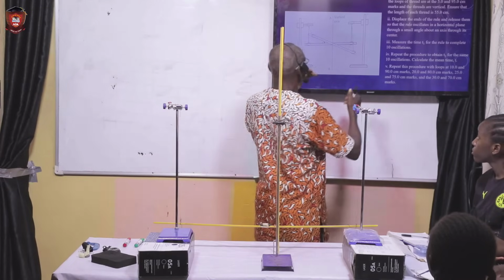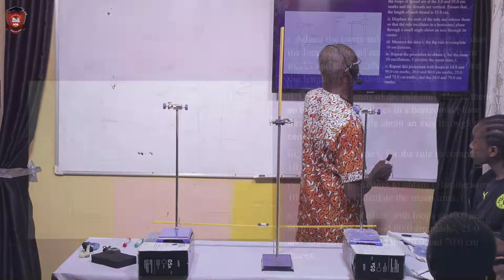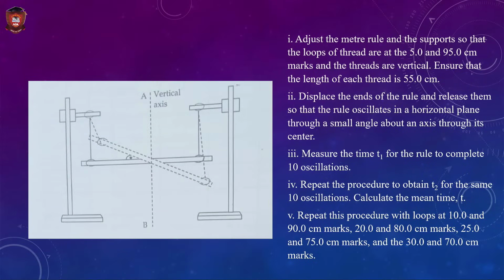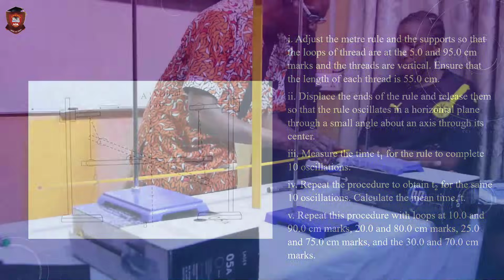This is the diagram. We are told to adjust the meter rule and the supports so that the loops of thread are at the 5.0 and 95.0 cm marks. Look at the 5. This is this point.